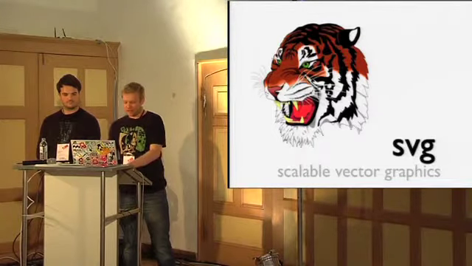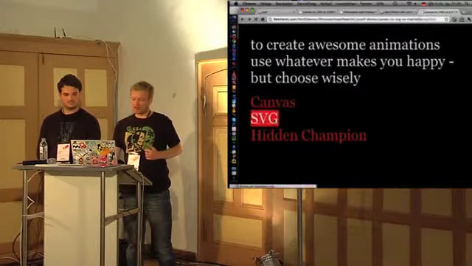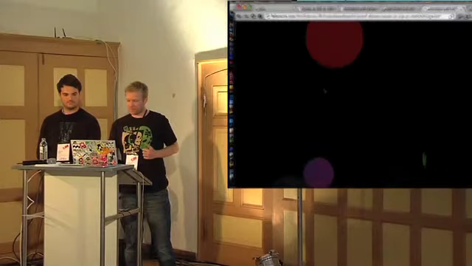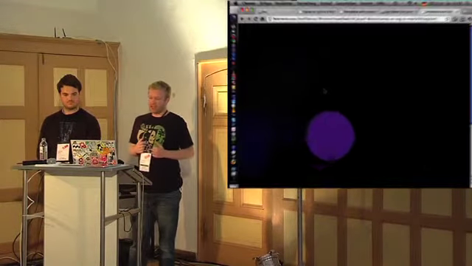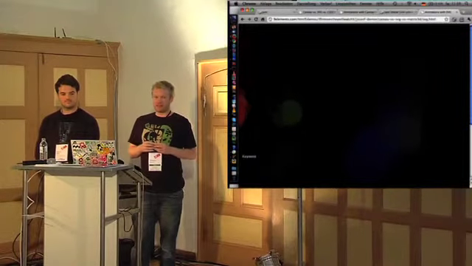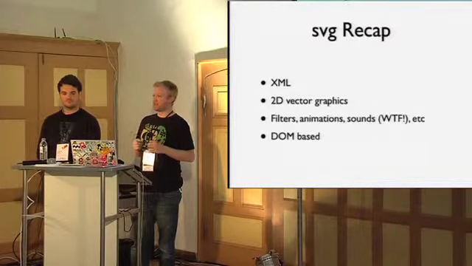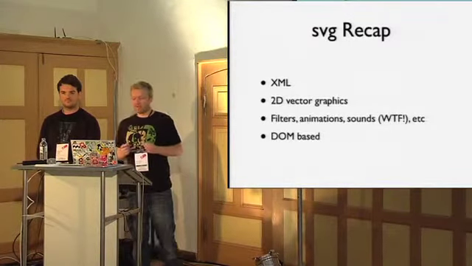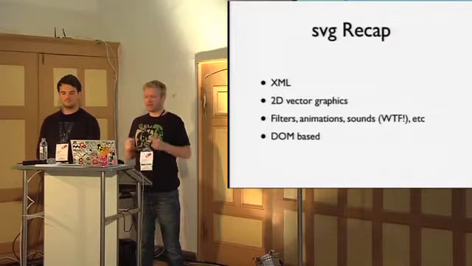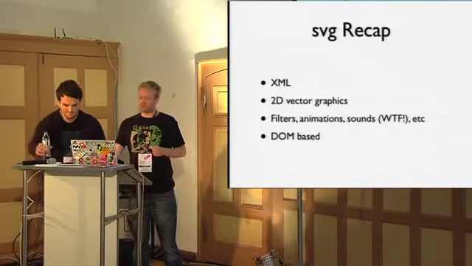If you zoom in there, it does not get blurry at all because it's vectors. So how do you do it? SVG is an XML substandard, and it's a language to define two-dimensional graphics in a declarative way. You can also do filters, animations, or even sounds. And one of the cool things is that it is DOM-based.